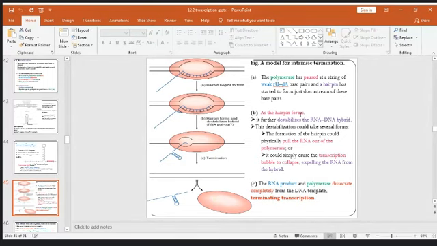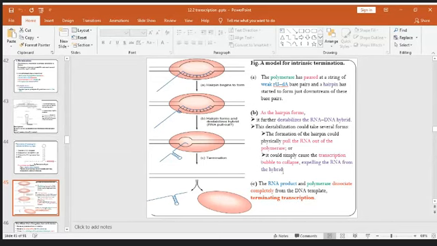So as the hairpin forms, it further destabilizes the RNA-DNA hybrid, and this destabilization could take several forms. First, the formation of the hairpin could physically pull the RNA out of the polymerase; the pressure and weight could pull the RNA out. Second, it could simply cause the transcription bubble to collapse.